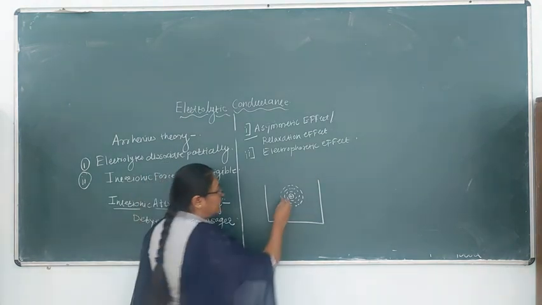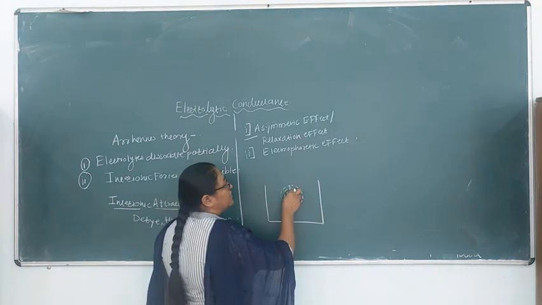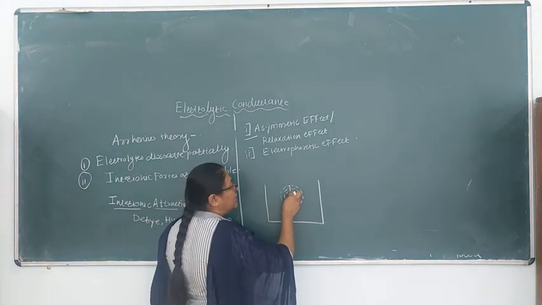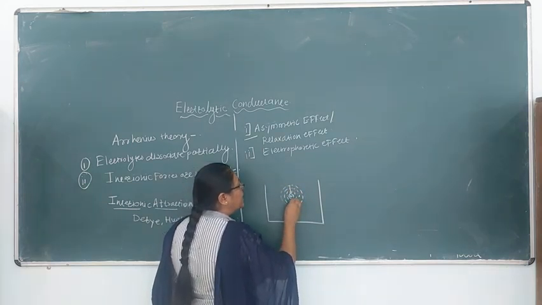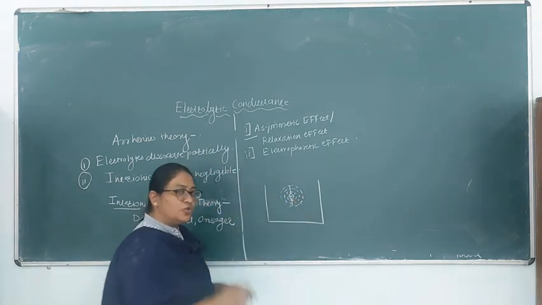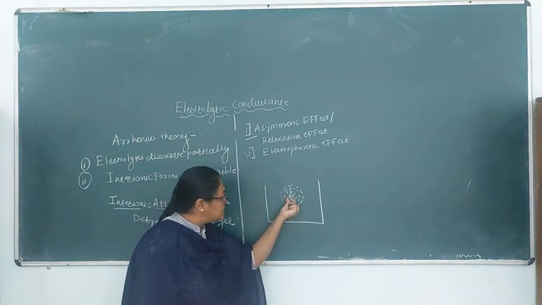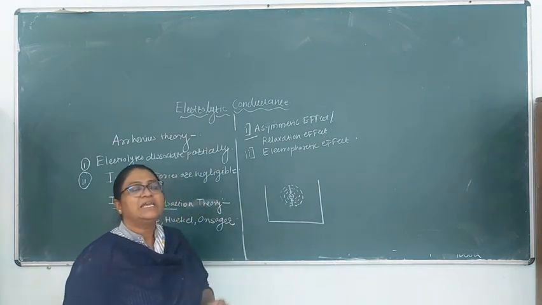If we consider the charges present on this side, their attractive force is exactly nullified by the charges present in this direction. So in all the directions, this central positive ion is not experiencing a pull in any direction.